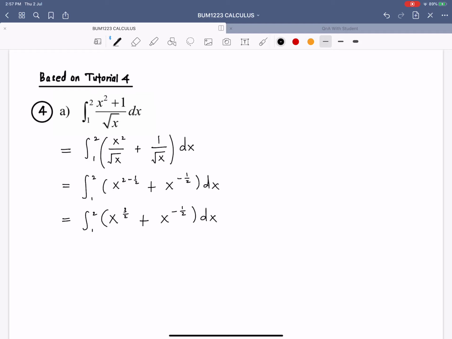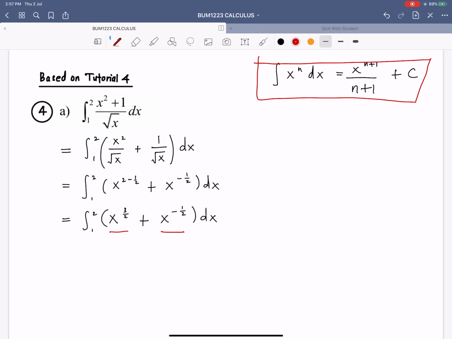Now each part here, we can use this formula: integration x to the power of n dx is equal to x to the power of n plus 1 over n plus 1, plus c.